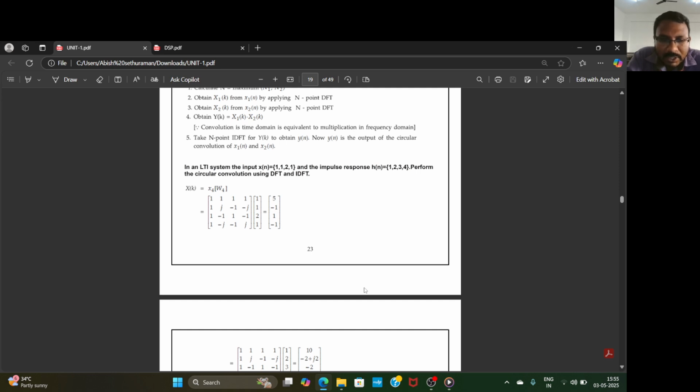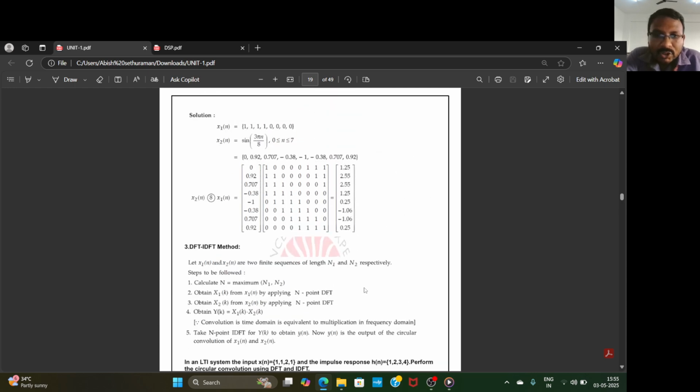After that we multiply the two sequences to get y of k. Then for y of k we take the inverse discrete Fourier transform formula: x of n equal to 1 divided by N summation k equal to 0 to N minus 1 of X of k e power j 2 pi nk divided by capital N. So this is the formula used in the DFT and IDFT method.